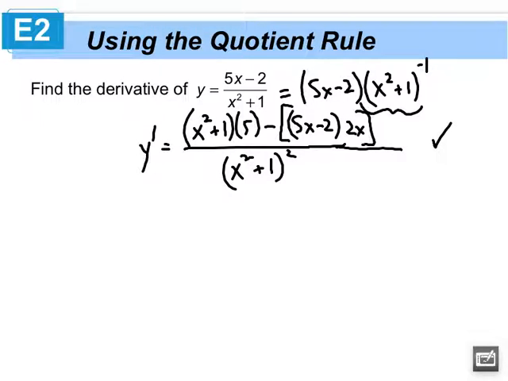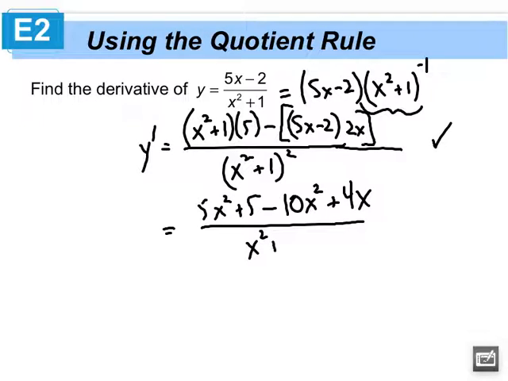That's step one. Step two, the more difficult step, in my opinion, is the simplifying. Don't multiply out denominators, but you must simplify numerators. 5x squared plus 5, minus 10x squared plus 4x, is that right? Yeah. All over x squared plus 1 quantity squared.